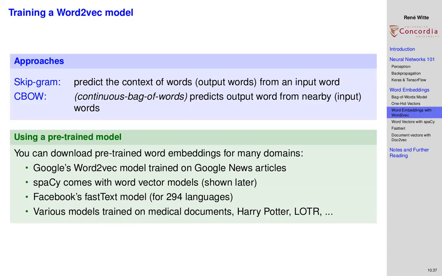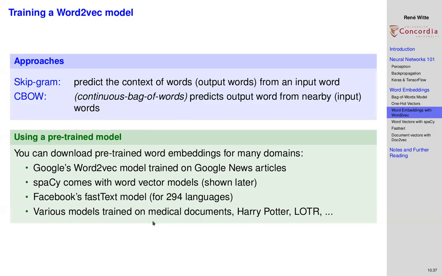In practice, what you can do nowadays is you don't necessarily have to train this from scratch. You can just download pre-trained word embeddings for many domains. One famous one is the word2vec model that was trained on the Google News articles. But people have been training this on all kinds of documents.